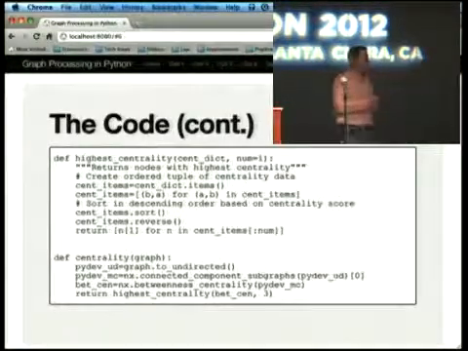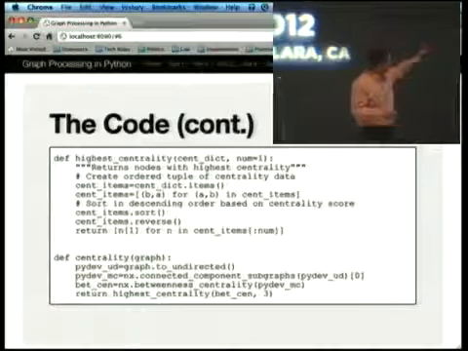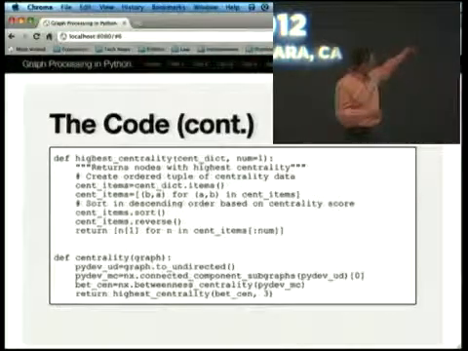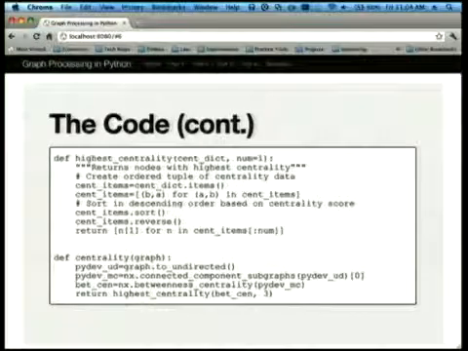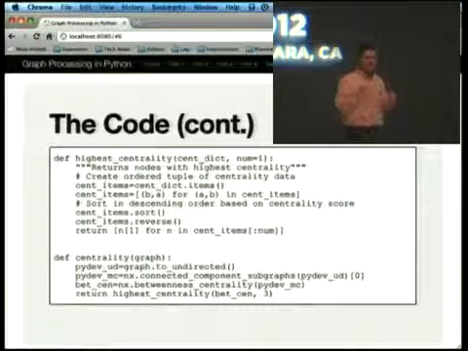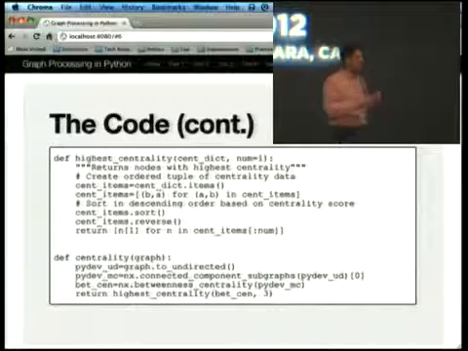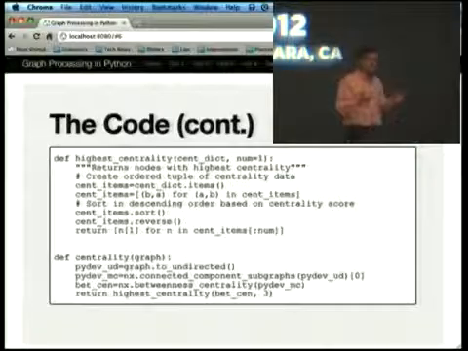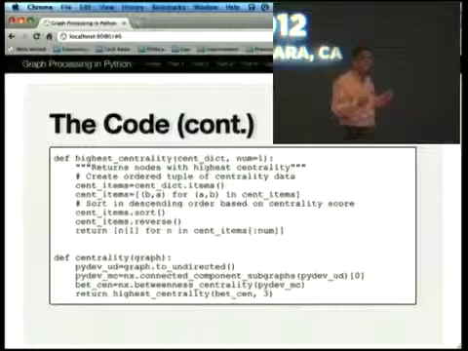When you're looking through the code, I created a dict of the centrality score via various measures: betweenness centrality, where these people sit between a certain number of nodes, eigenvector centrality, and I forget the other one that I used.